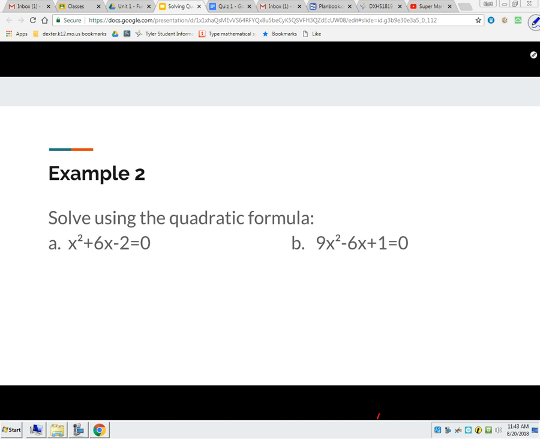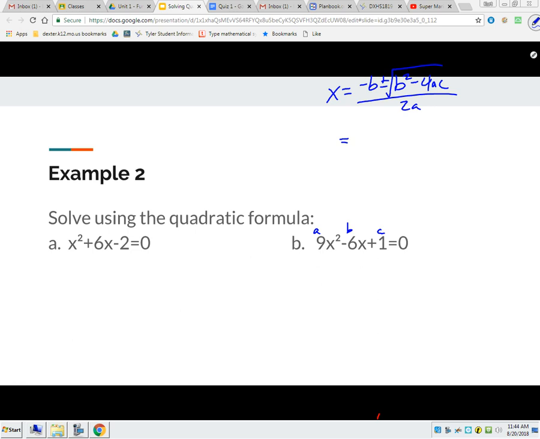Okay, I'm going to skip A. I'm just going to work B with you. Okay, so I get x equals, I'm going to go ahead and write this up here one more time. Negative b plus or minus the square root of b squared minus 4ac all over 2a. And it's just going to be a matter of plugging in a, b, and c into this equation.